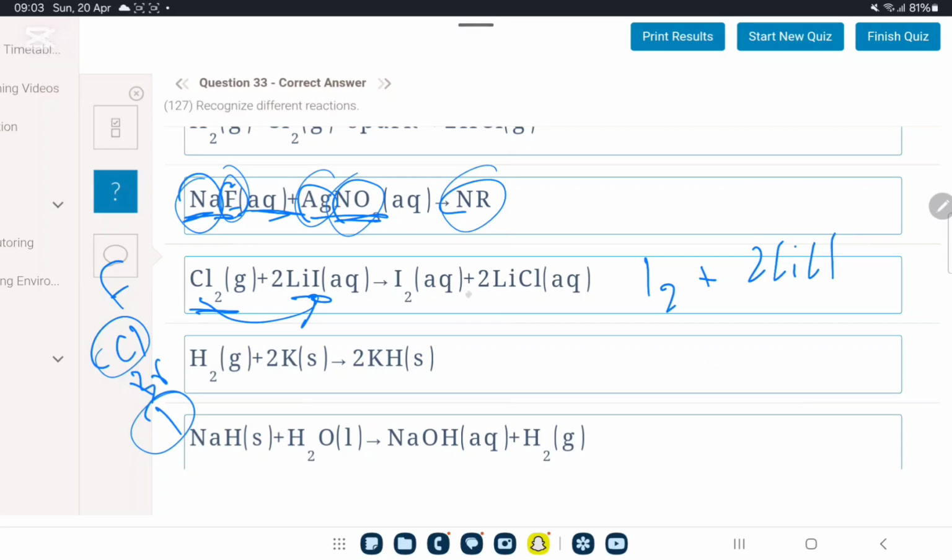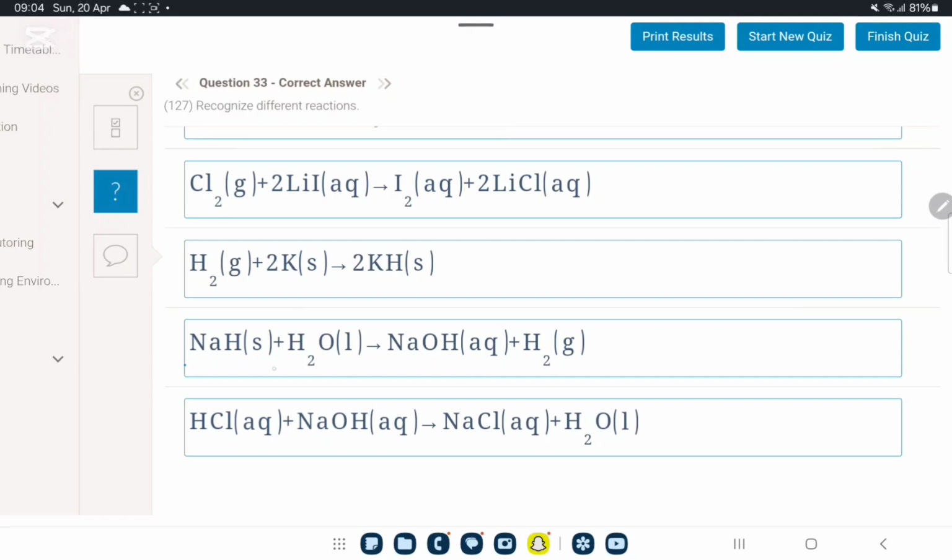Don't forget to balance, this is balanced. H2 and 2K, so it's KH. When it's ionic, the metal comes first before hydrogen. Again, most of the time, not all of the time. So yeah, don't forget to balance.